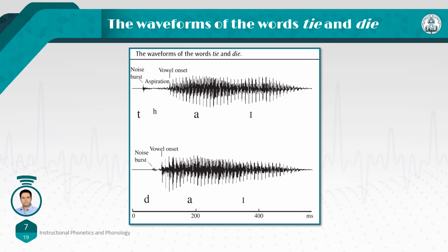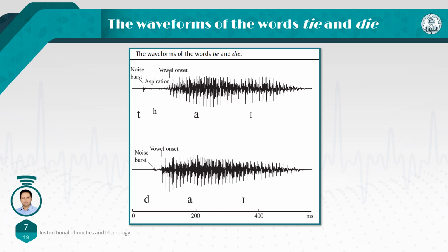In "tie," look at the distance between the noise burst and vowel onset, the aspiration there. But here in "die," this period of aspiration is very small. This gap is very small.